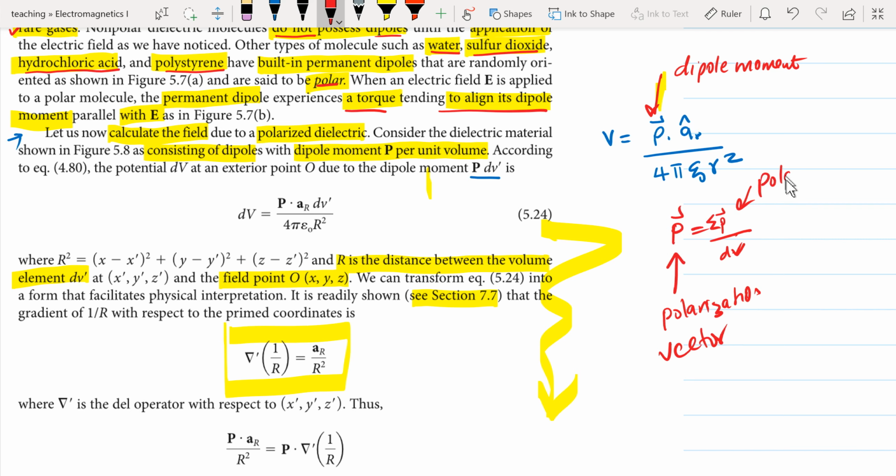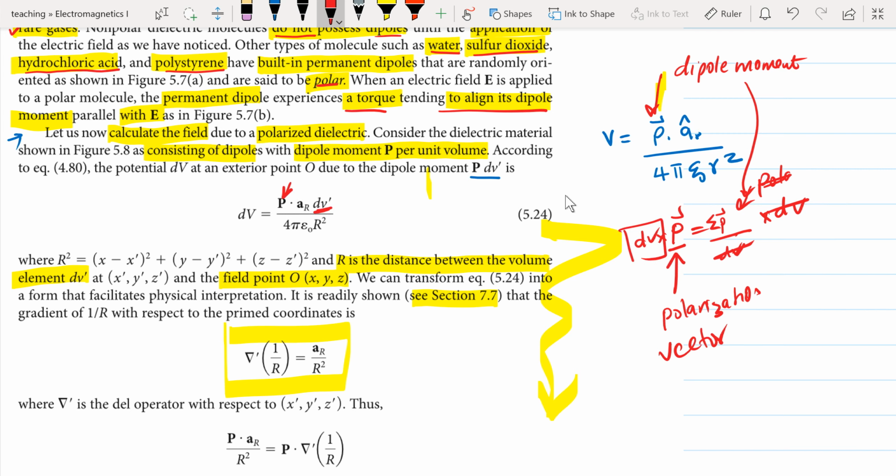Since in this equation we had the dipole moment, we can multiply both sides by dV, and we end up with the dipole moment replaced by the polarization vector P and the elemental volume dV. So that is what we have here: the polarization vector P and the elemental volume dV.